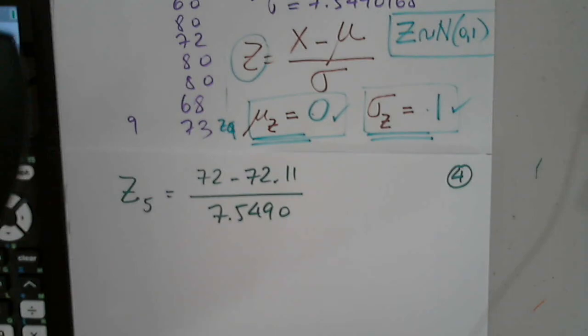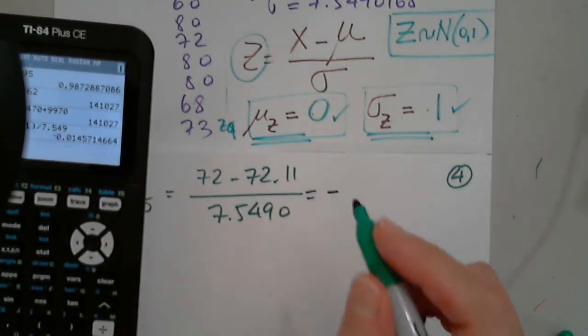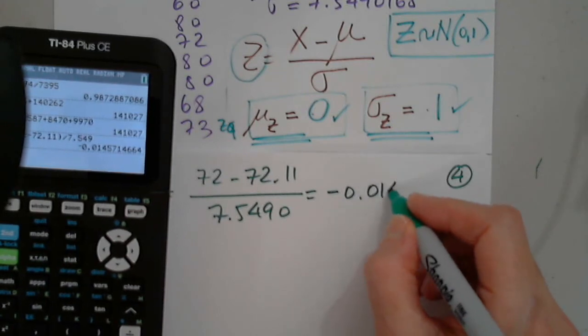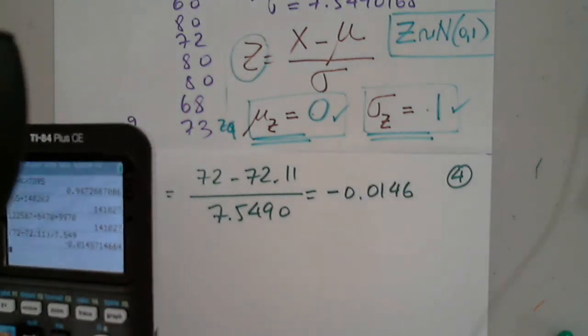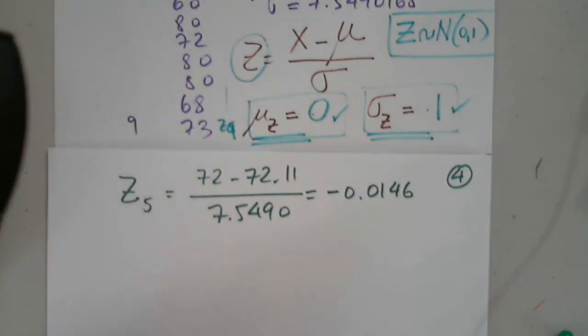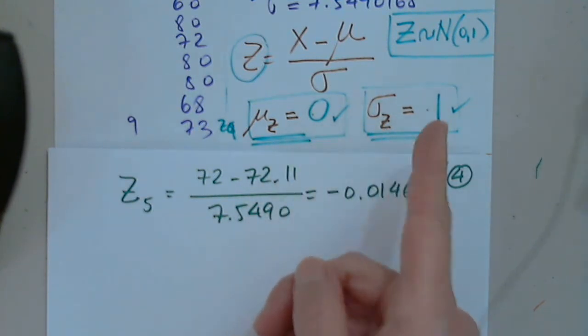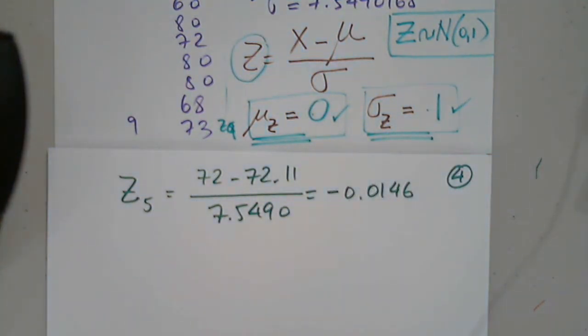So the Z-score for student 5 is negative 0.0146. And the same way, you can determine the other ones, and if you put them in StatCrunch and determine the mean and the standard deviation, you have to get this. Otherwise, there is an error somewhere. Okay, let's go back. Any questions for me on this?